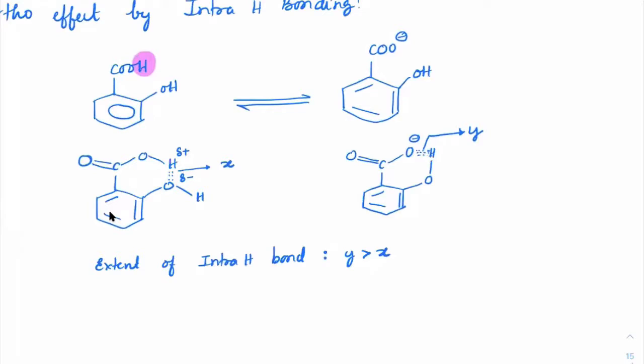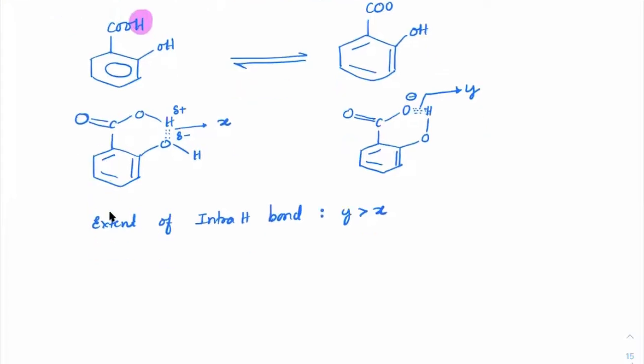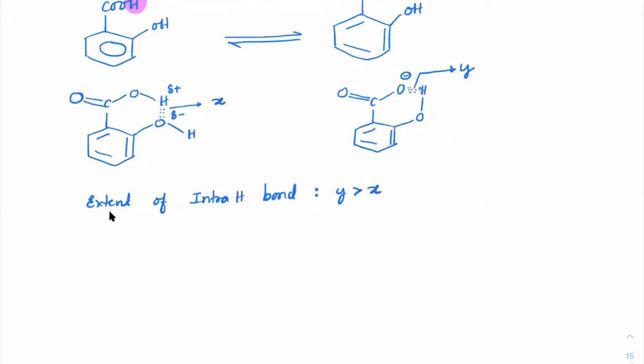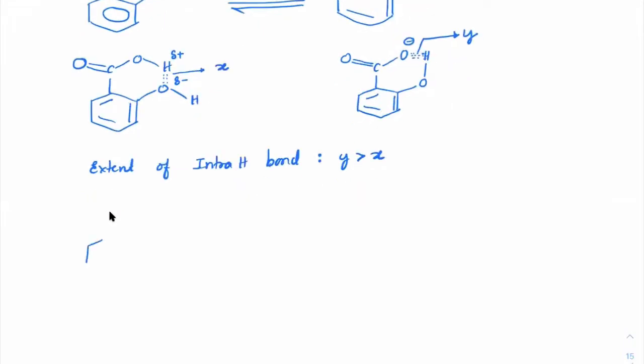So due to this intra-hydrogen bonding, this H plus is much more easily lost as compared to any other cases. Hence, if you count the ability to give H plus, if there is any hydrogen bonding that it can get after the removal of H plus, its acidic character increases.